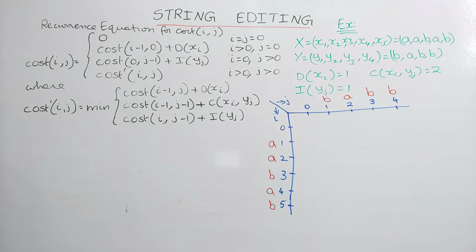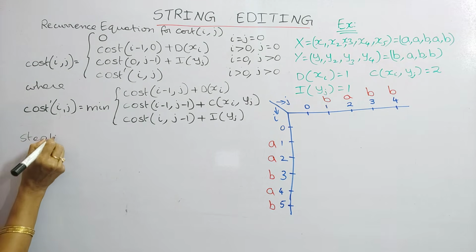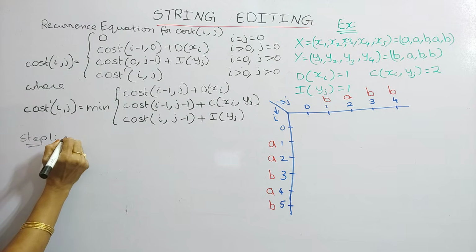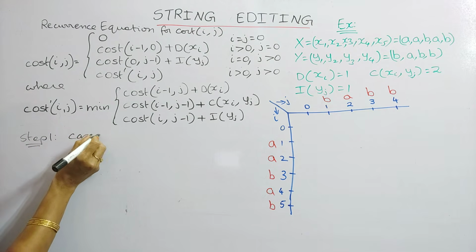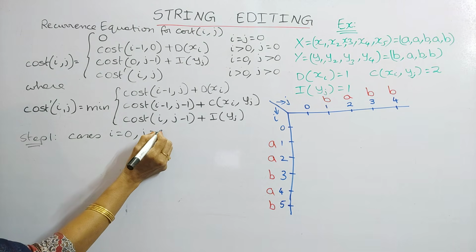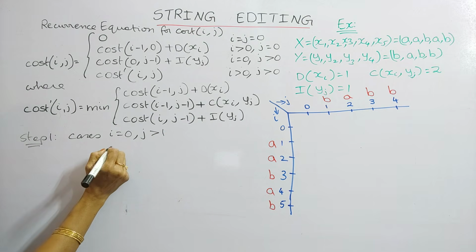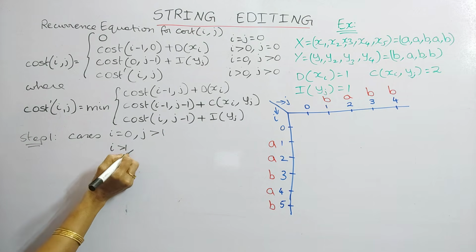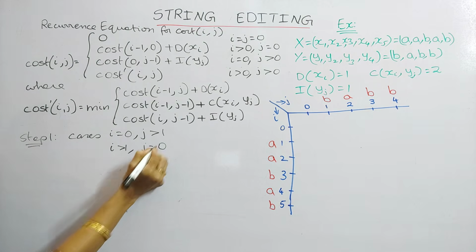So this must be computed. First of all, step 1, you have to compute the cases of I equal to 0 and J greater than or equal to 1, and the other case, I greater than or equal to 1 and J equal to 0.